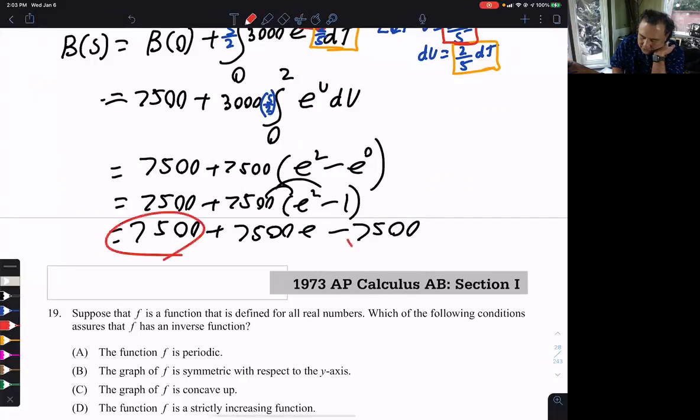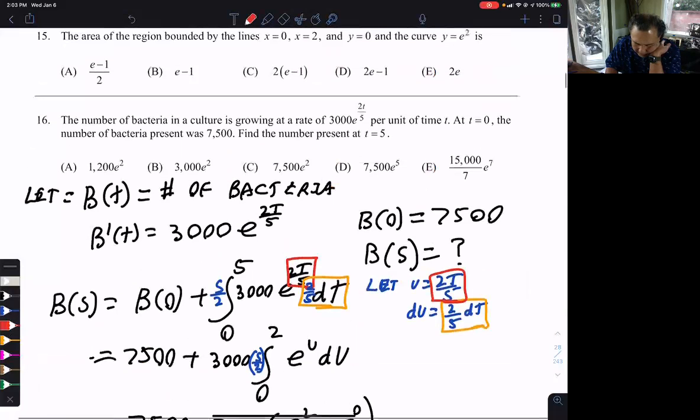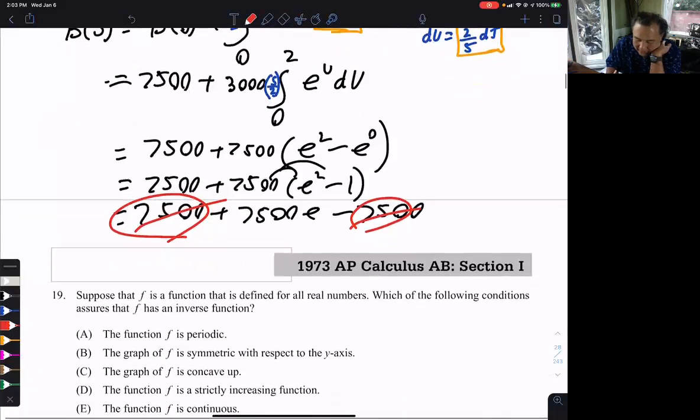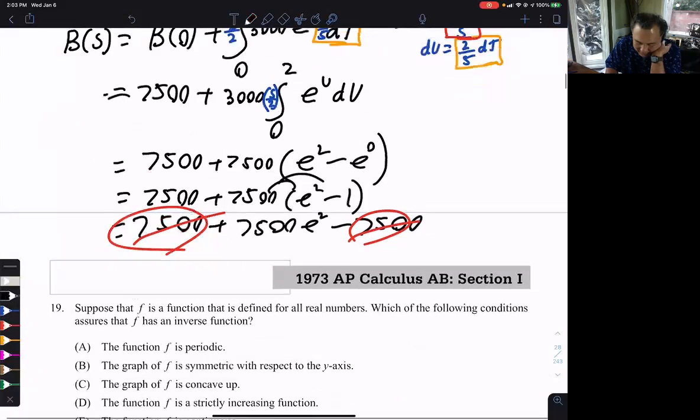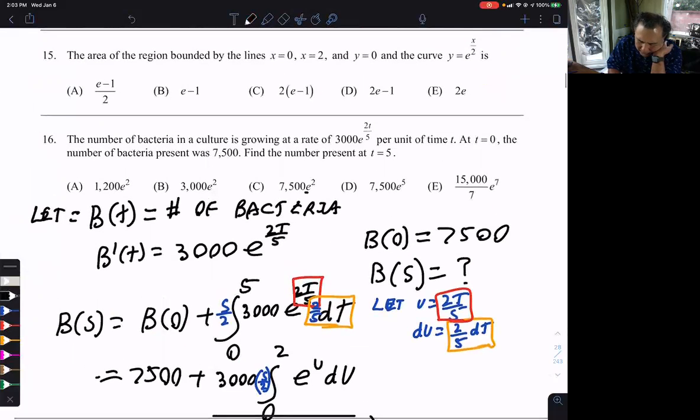And these cancel, and I hope the answer is 7,500 e squared. I don't see 7,500 e. Oh, e squared, I forgot the square. Okay, there's a square there. 7,500 e squared, is that there? There it is. Hopefully I didn't mess up. I think that's right.